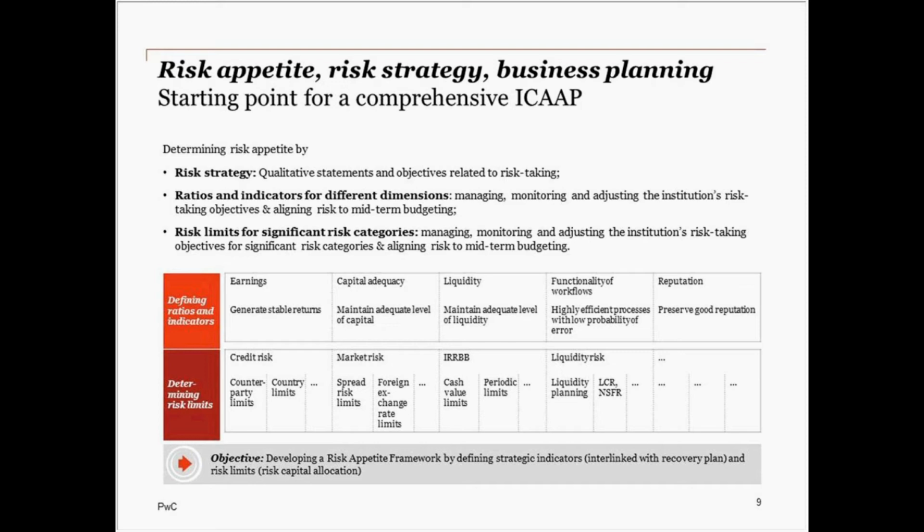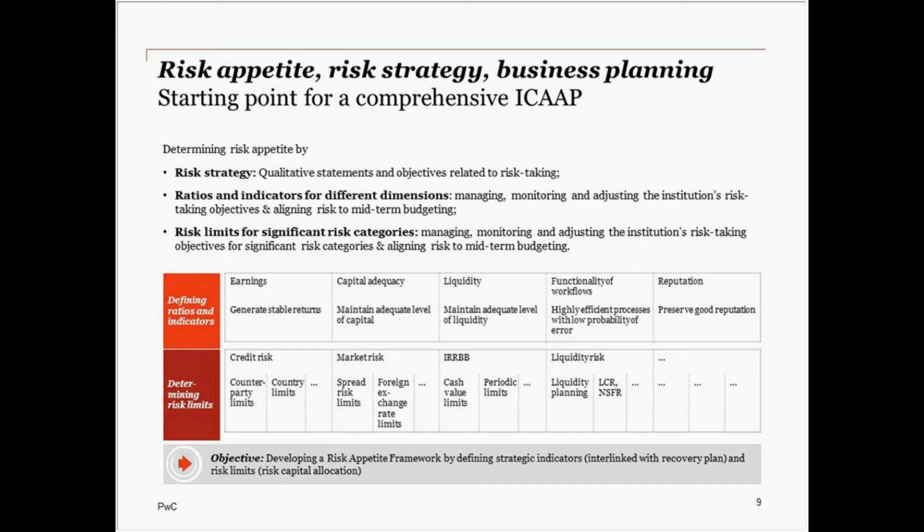Normally the risk appetite in the bank is determined by 3 different measures the bank should be undertaking. The first measure is to formulate a risk strategy with qualitative statements and objectives related to risk taking. Then, as a second measure, the bank needs to implement ratios and indicators for different dimensions, for example, earnings, capital adequacy, and liquidity.